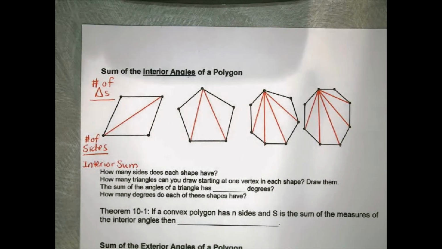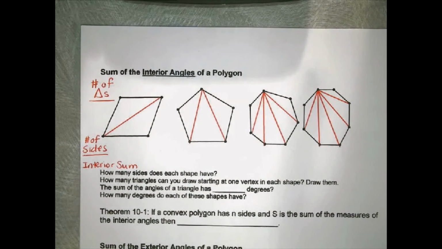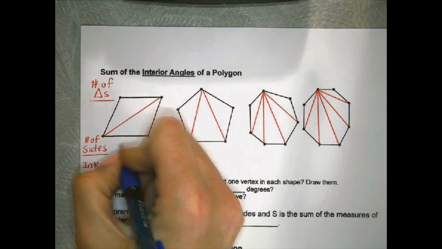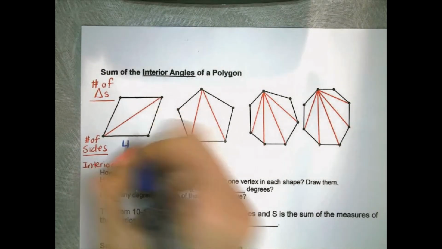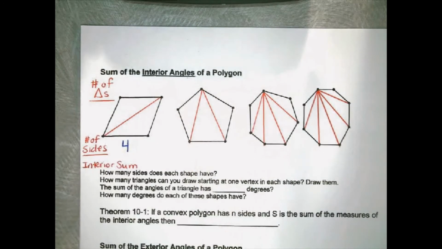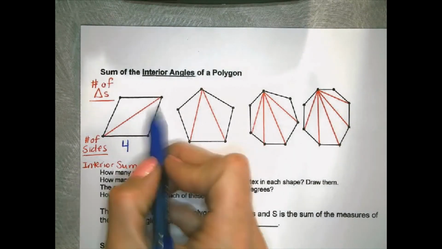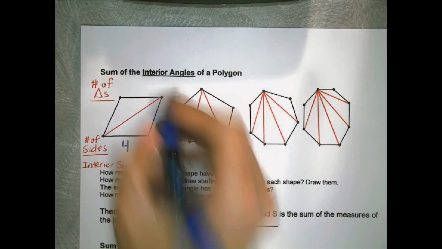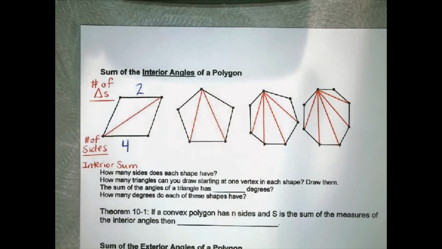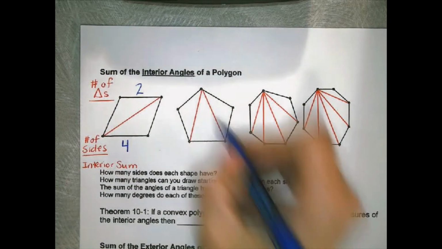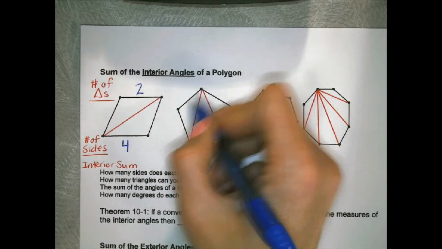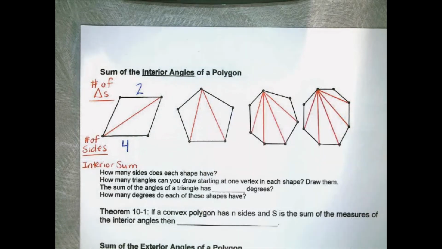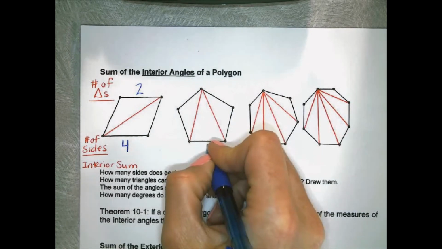In this first shape, I have a quadrilateral that has 4 sides. When I connect all the vertices, starting from 1 and going in order around the shape, I create 2 triangles. In this pentagon, if I start with this point and I connect one at a time to each of the other vertices, I find that I have 5 sides and I can create 3 triangles.